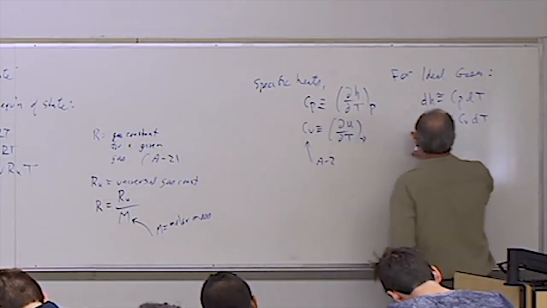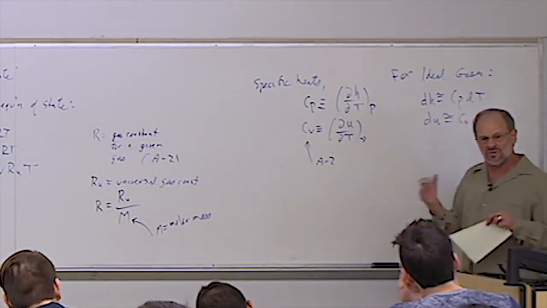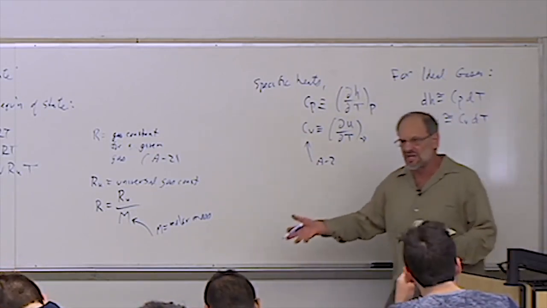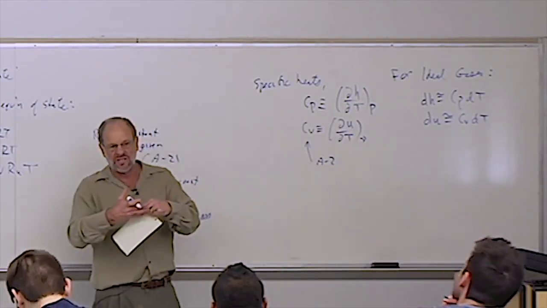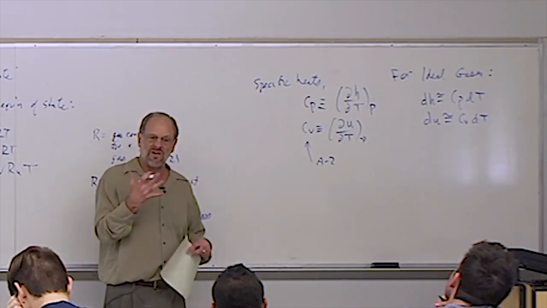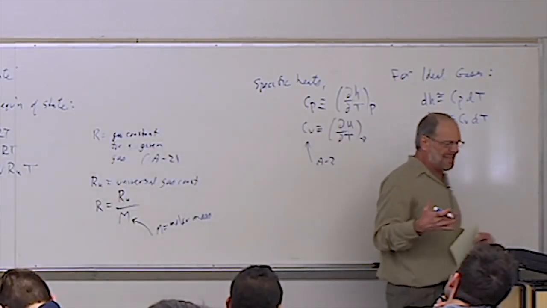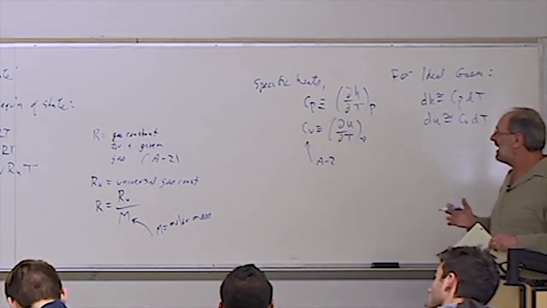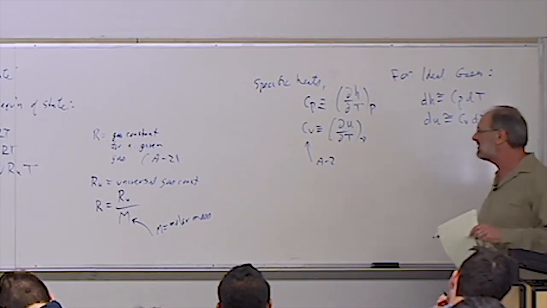So once we have these, then for most problems, we're trying to find a change, right? We have a process that begins at state point 1 and ends at state point 2. Or maybe it's a steady flow process where we enter a device at state point 1 and leave at state point 2. So what we're trying to do is find a change in internal energy or enthalpy. And these are all going to be first law problems. Hopefully you're all aware of the first law and how basically everything that we're going to cover is first law problems with various modifications.